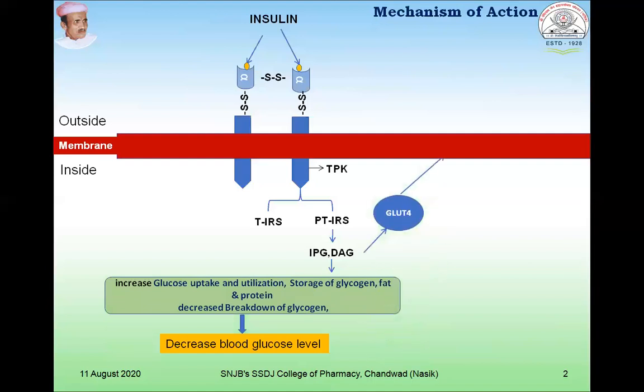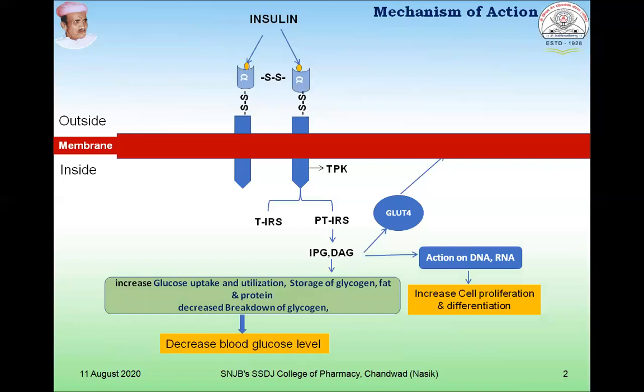Now, insulin also stimulates GLUT4, glucose transporter 4, and insulin stimulates this transporter across the cell membrane. These secondary messengers also regulate the genes for a large number of enzymes through MAP kinase, activation of transcription factors, and promote proliferation and differentiation of the specific cell.